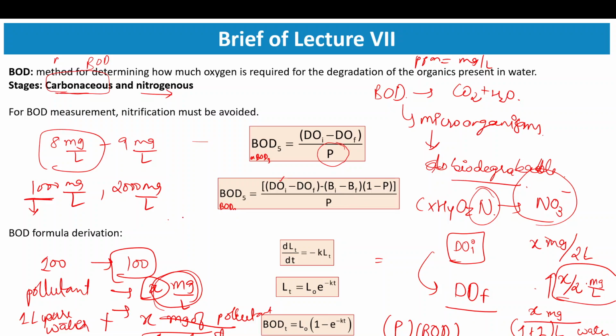After adding the microorganisms, they have maximum activity at a particular temperature, which is 37 degrees Celsius. Even our body is in the range of that temperature.